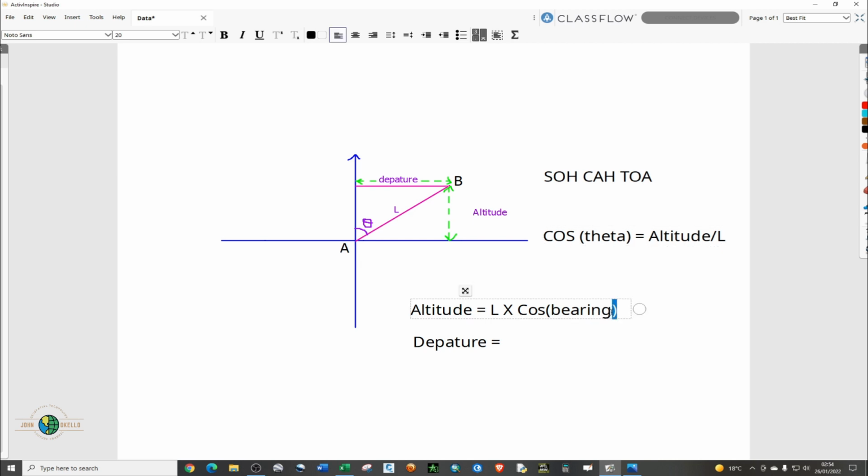Let me just type theta instead of bearing. Theta like that. So that's how we basically generate that formula.